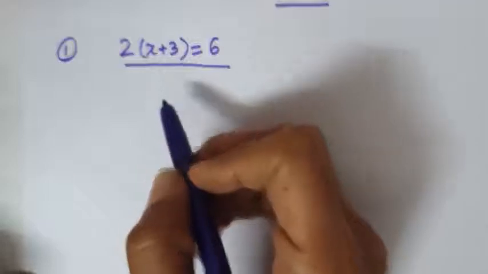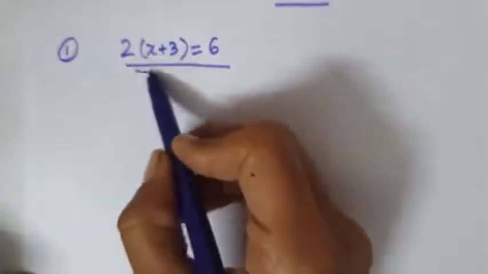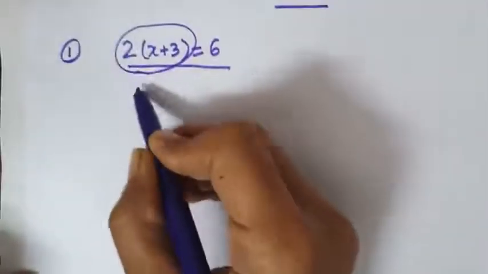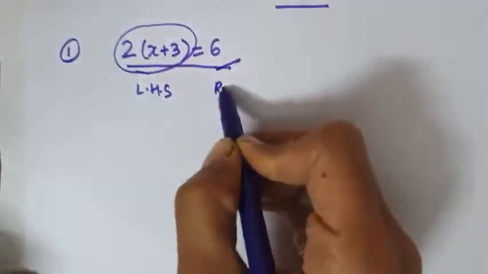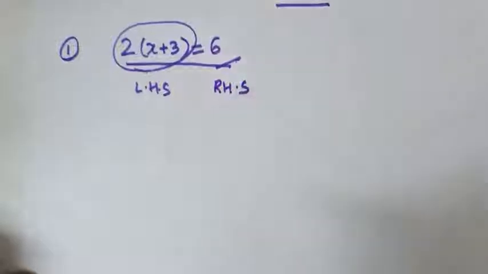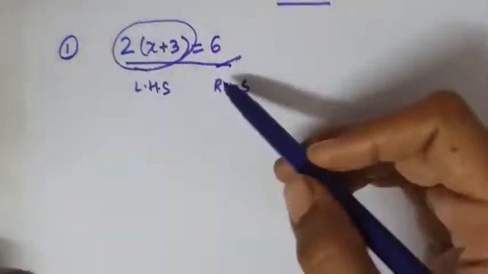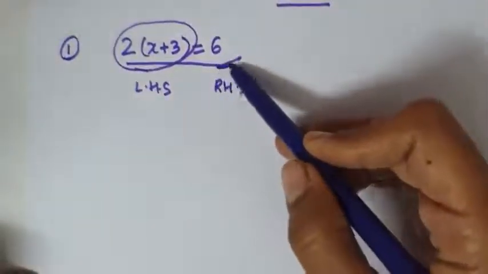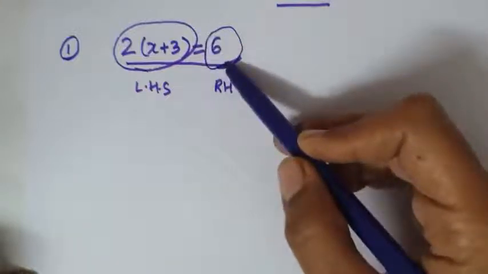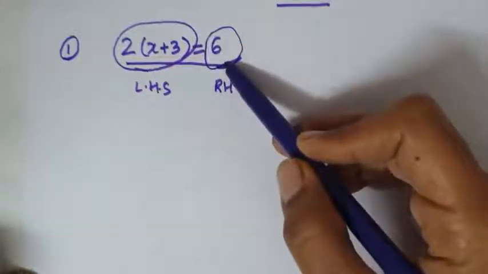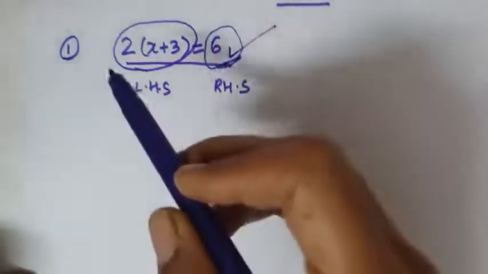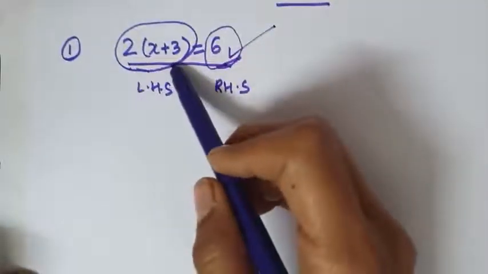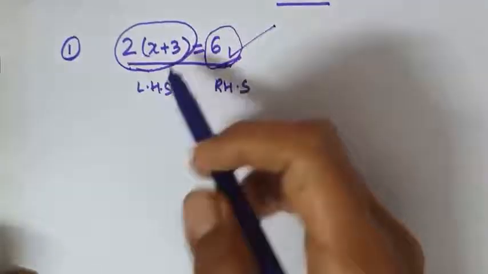First of all, always simplify the left hand side and the right hand side separately. Now you see the right hand side is only a single digit, so no need to simplify. So we will simplify only the left hand side.